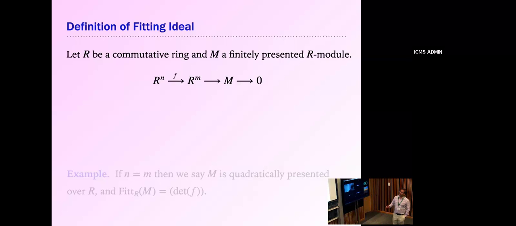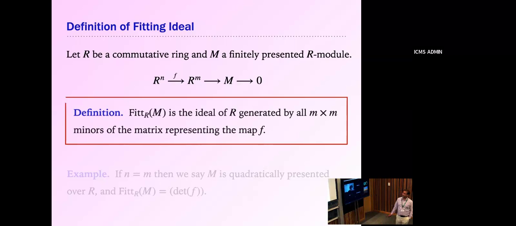So let's say you have a finitely presented R-module. In fact, I was thinking the other day that I don't think you really need it to be finitely presented. Just finitely generated is probably good enough. And you want to define the Fitting ideal. It's the zeroth Fitting ideal, which is the ideal generated by all the maximal minors of the matrix representing this map. That is, if you have some map here, it's represented by an m by n matrix.